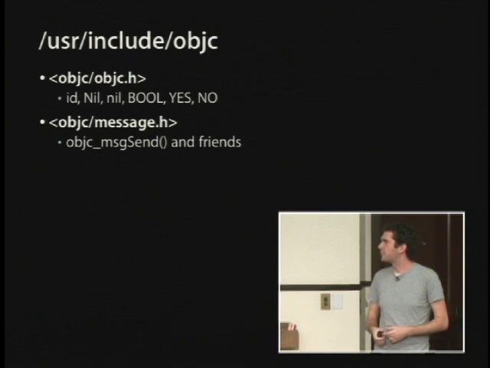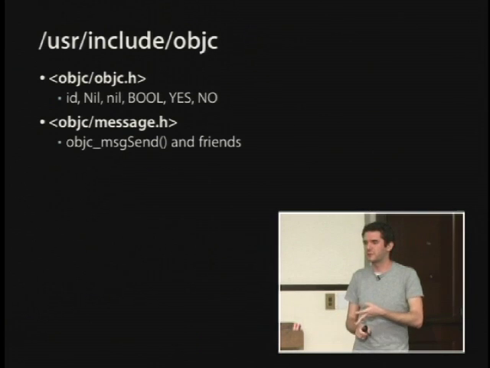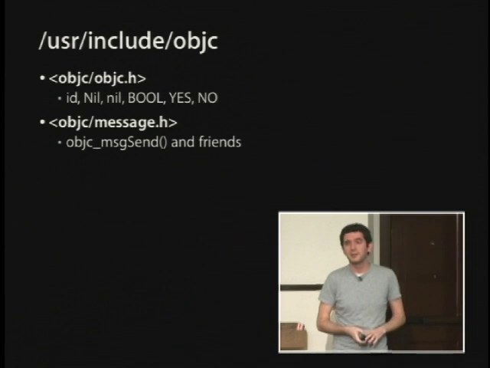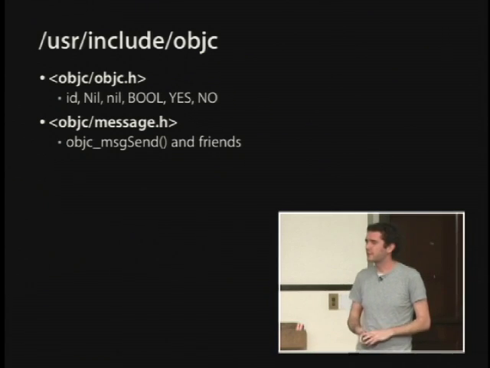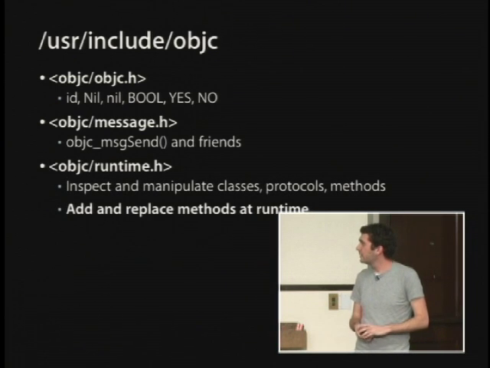And there's actually a couple of them. There's objc_msgSend, there's objc_msgSend_fpret for messages that return floating point values, objc_msgSend_stret for methods that return structures. But objc_msgSend is probably the most common one. It's used for anything that returns an integral value or a pointer or an object. Those are all defined in objc/message.h.